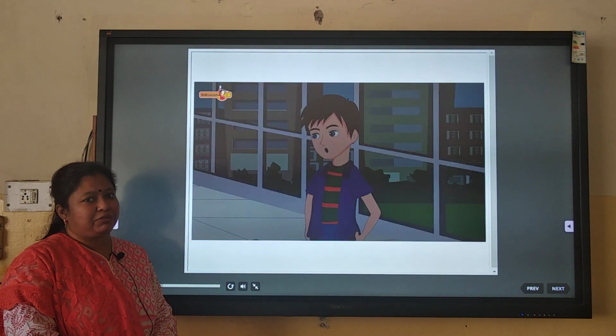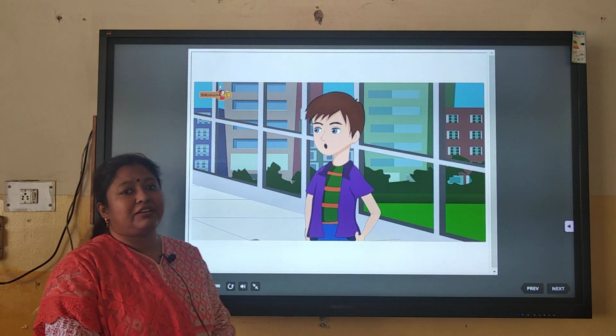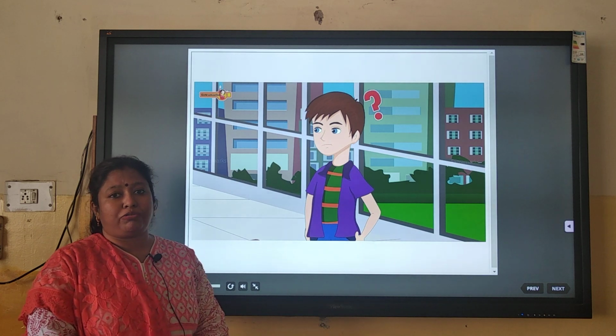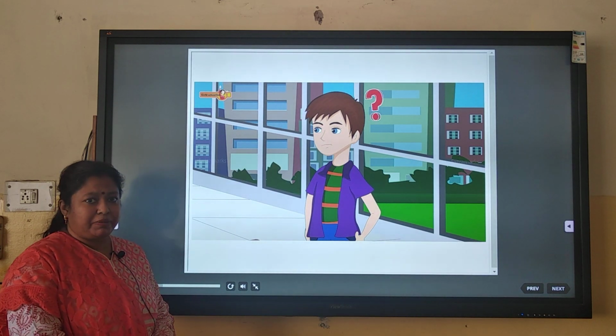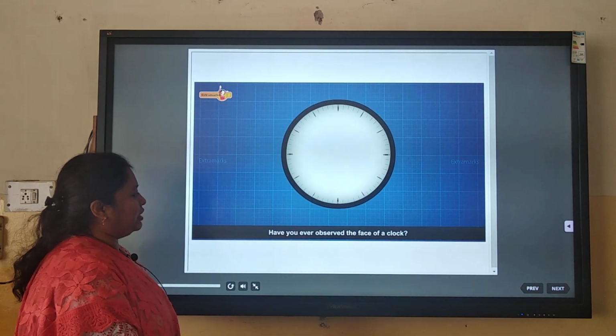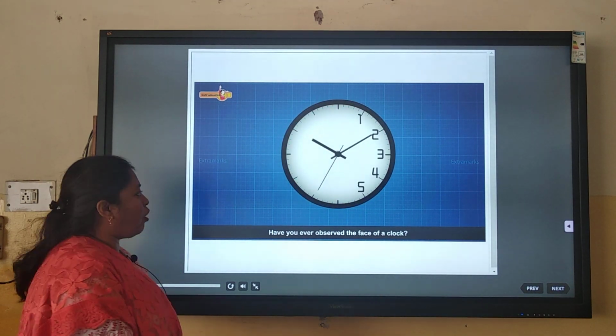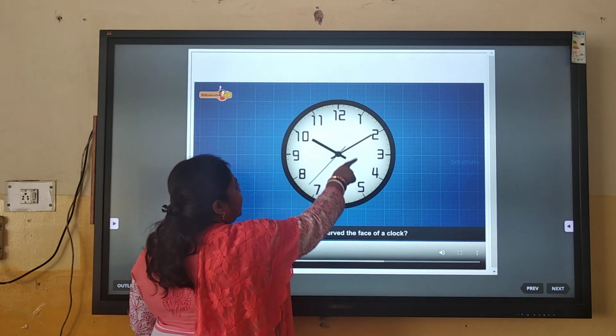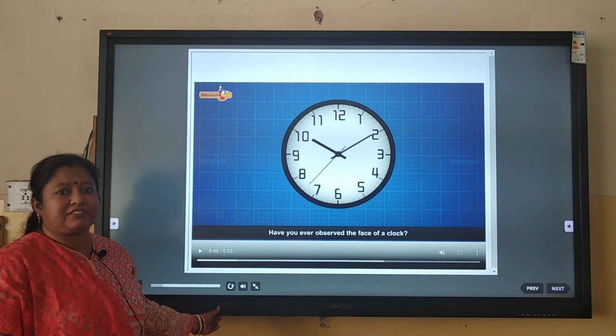But to begin with, we'll today study about reading time, how to read time from a clock face, children. So let's begin. So how do you read time from a clock face? You must have observed a clock face. A clock face generally has three needle-like structures.